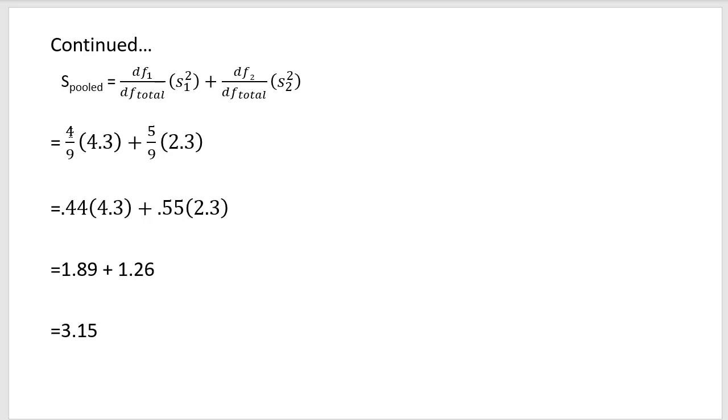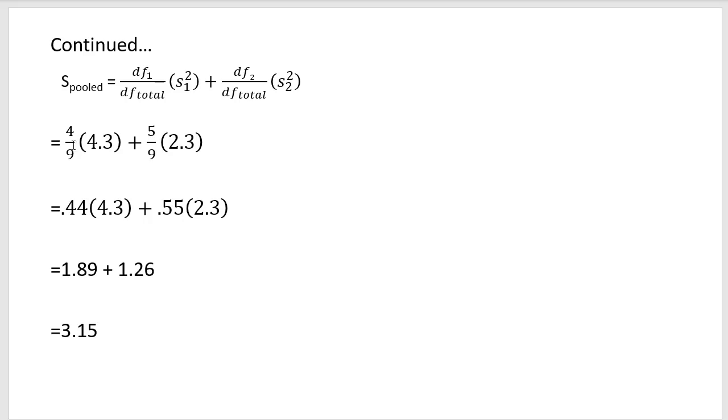As you can see, when we have these two ratios, this 4 over 9 and this 5 over 9, if you add 4 over 9 and 5 over 9, you get 9 over 9, which gives us 1. That means that all of our degrees of freedom are accounted for. So that means our weighted average will weigh out to 100%.